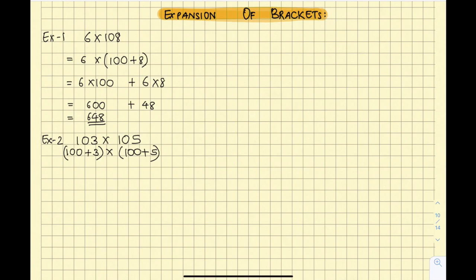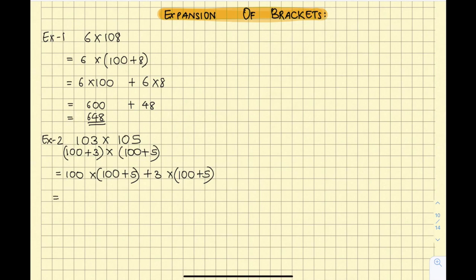Here again, when we have to multiply 100 plus 3 with this 100 plus 5, we break it into smaller and simpler brackets. That is this 100 multiplied by the whole bracket 100 plus 5. Then the other one, that is plus 3, which is remaining from this bracket, will be multiplied by the whole bracket 100 plus 5.